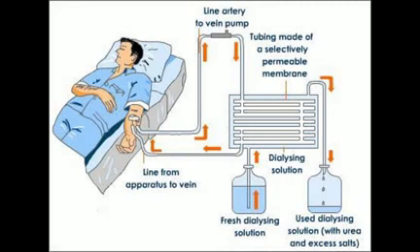Now, as the patient's blood passes through the dialysing solution, most of the waste like urea present in it passes through the selectively permeable cellulose tubes into the dialysing solution.